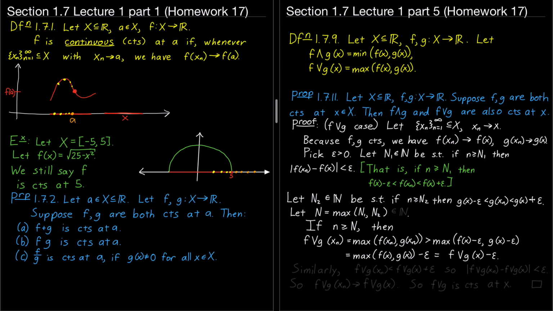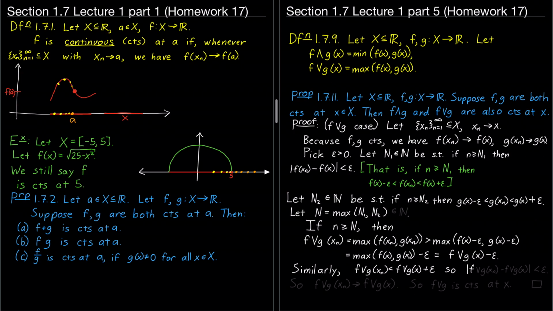And then pretty much exactly the same going in the other direction. Similarly, f v g of x_n is less than f v g of x plus epsilon.